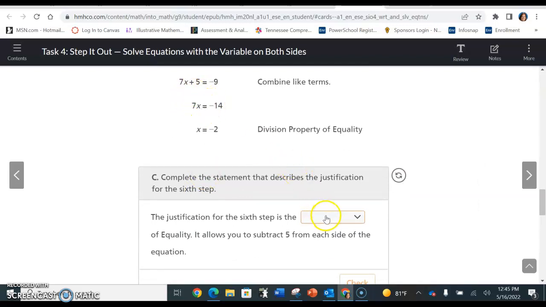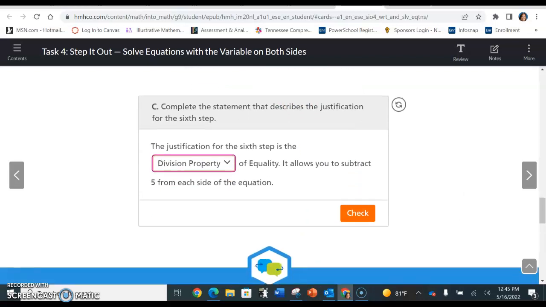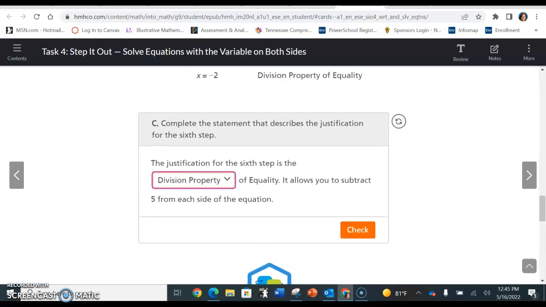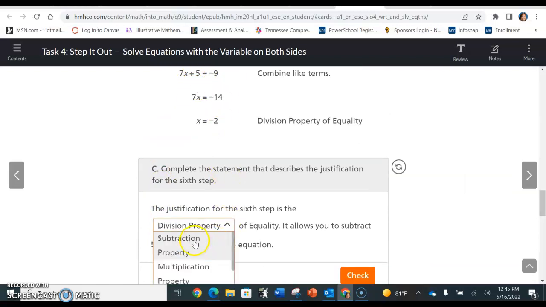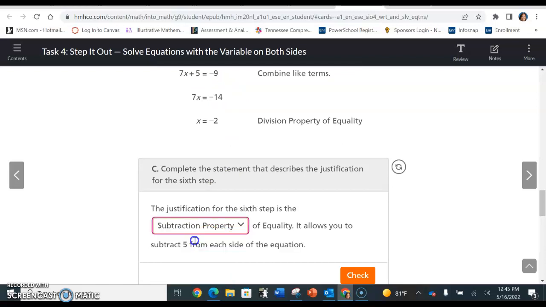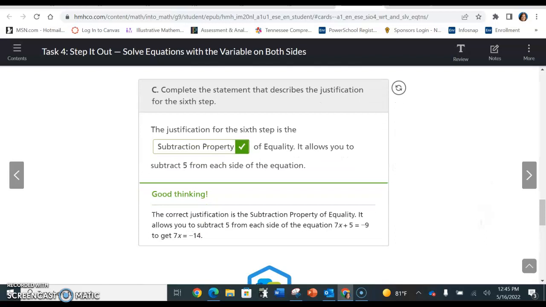So we're going to divide. So that would be, wait a minute, it says allows you to subtract 5 from each side. So they're looking at the step above it. So when you subtract 5 from each side, they're actually looking from the 5th to the 6th step. So that one would be subtraction property of equality.